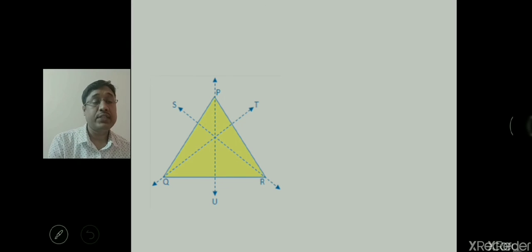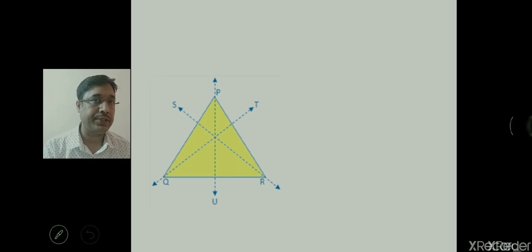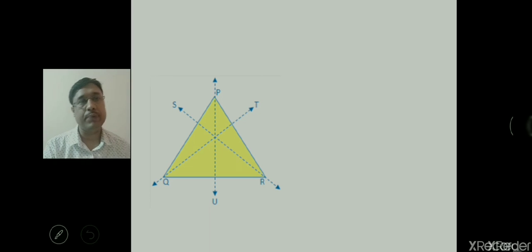Now here we are seeing an equilateral triangle. In the equilateral triangle, the angle bisectors of each of the interior angles are the lines of symmetry, and each angle of the equilateral triangle is equal to 60 degrees. It is bisected by a line which divides the interior angle into two parts, 30 degrees and 30 degrees, and these lines are the lines of symmetry.